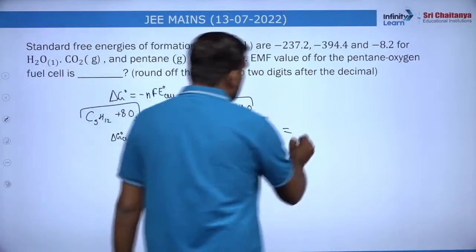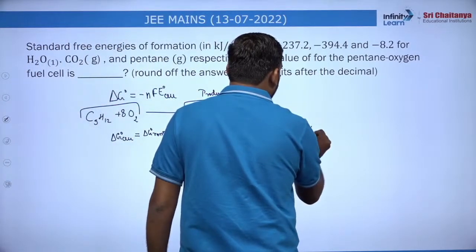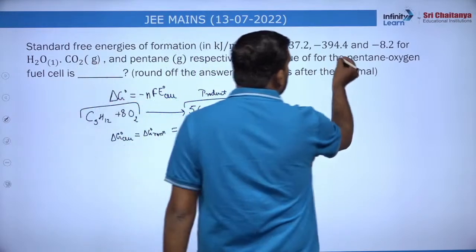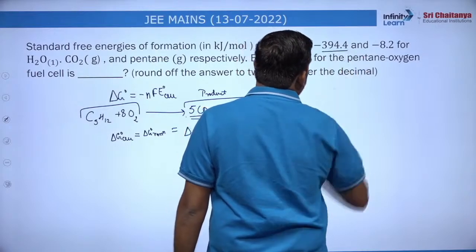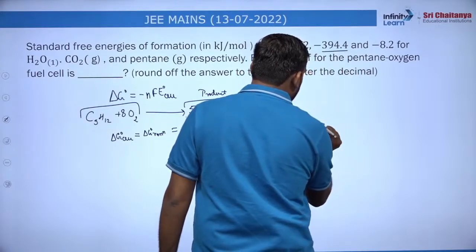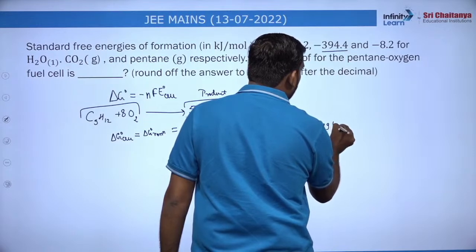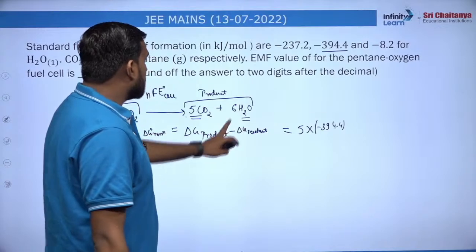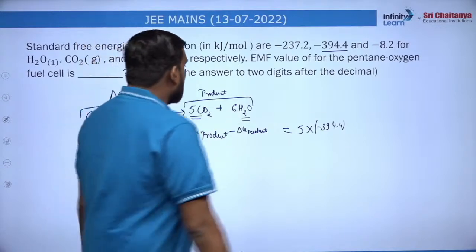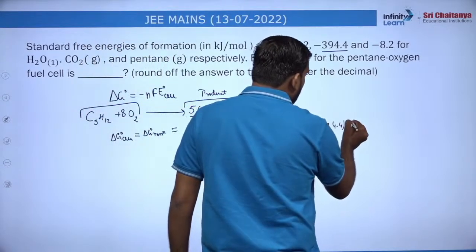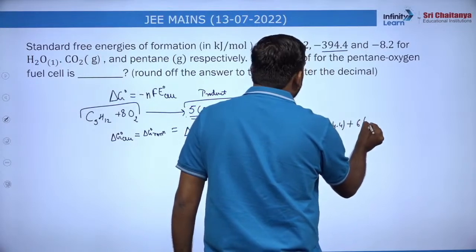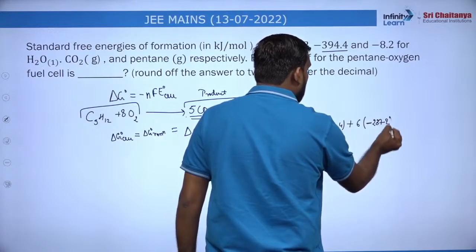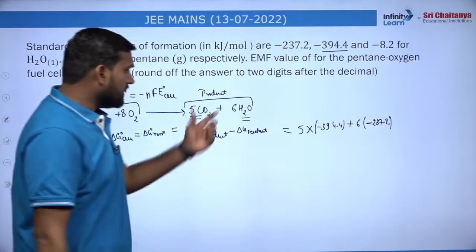So it will be 5 into delta G naught of CO2, that is given in the question as minus 394.4. This is the first. The next product is H2O. How many moles of H2O are formed there? 6 moles. So it will be plus 6 times minus 237.2. This is the product side.